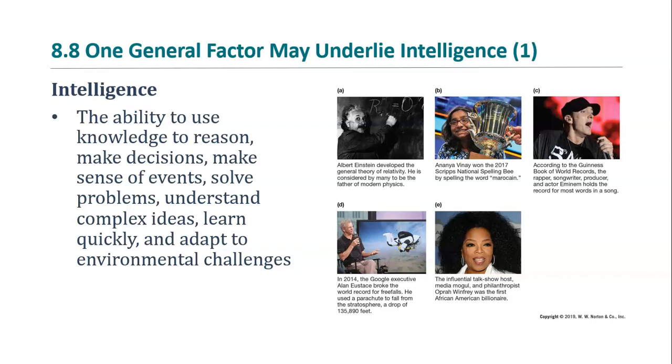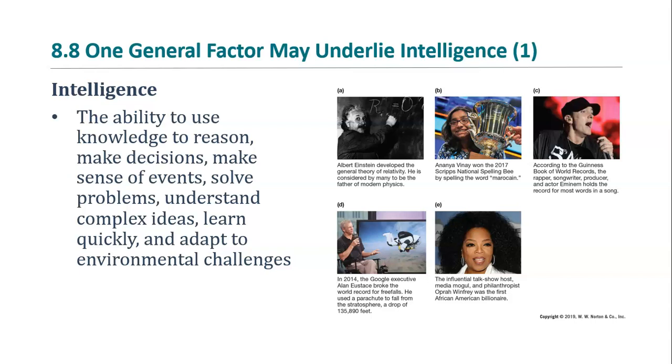There are many different characteristics, qualities, abilities that people label as intelligence. And there seems to be a general sense of intelligence, a general factor, if you will, that explains multiple types of what we define as intelligence.